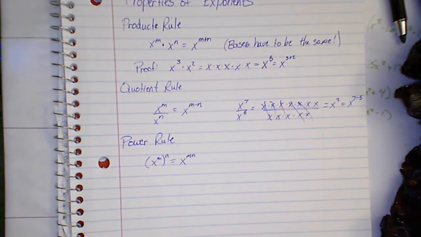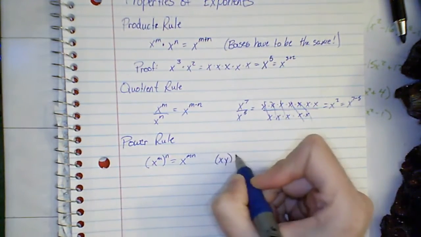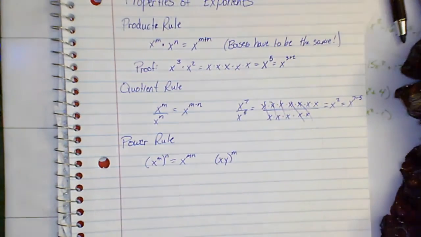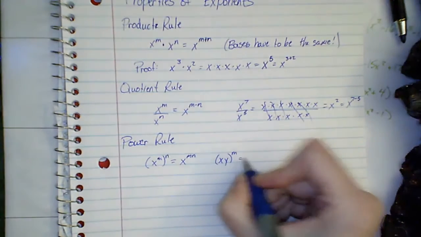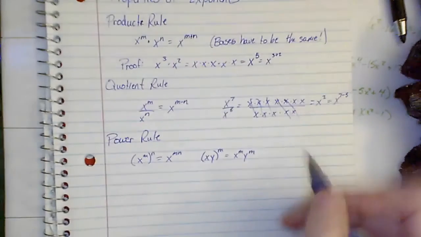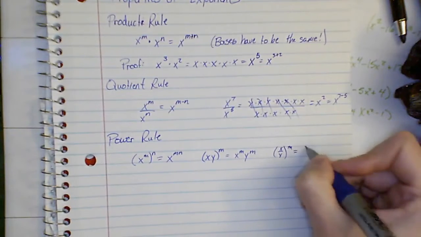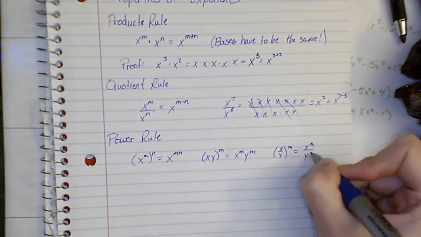The other power rule is if you have xy to the m, you can say that's x to the m, y to the m. And x over y to the mth, that's x to the m over y to the m.